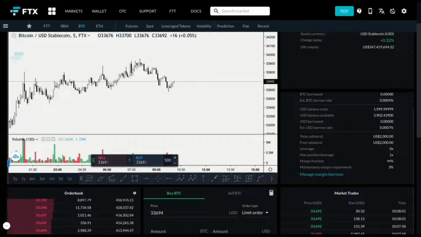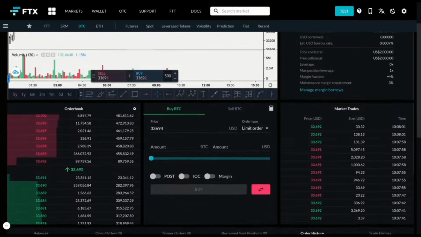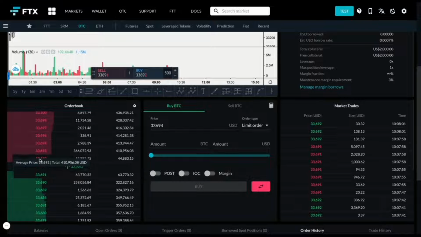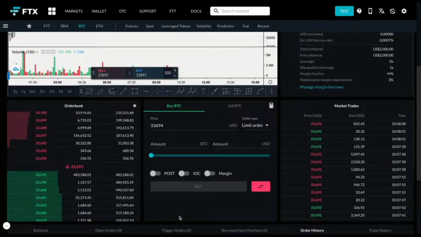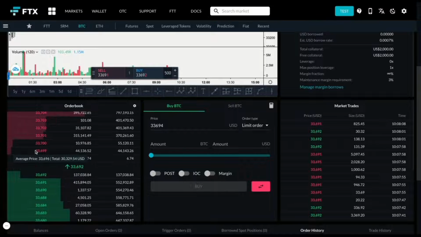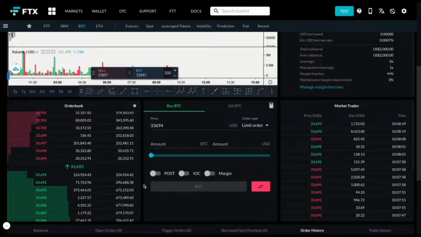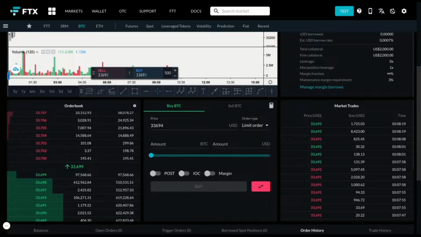When somebody does that, the order goes through the book here and fills the full order at the best price possible. A simple example: if you put a limit order in for 33,699 and you wanted to sell one Bitcoin, you can put it on the books. Then there's one Bitcoin on the books at 33,699.